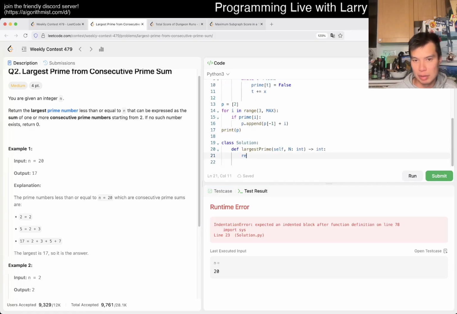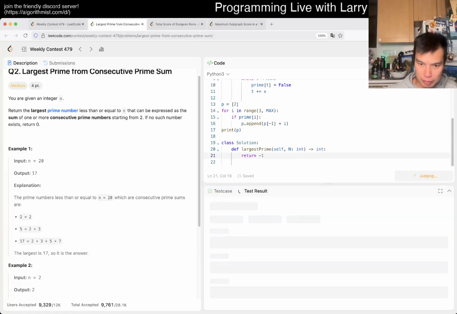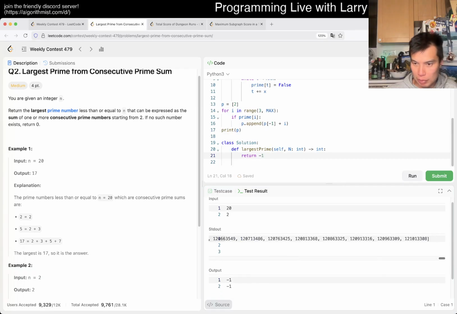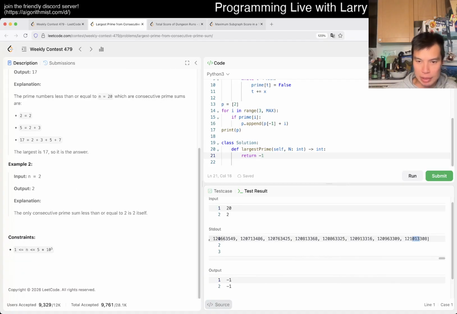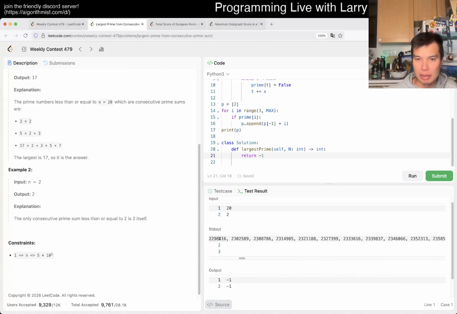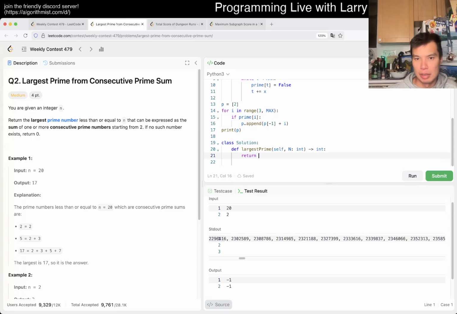Okay, fine. So it goes actually pretty far, huh? But it doesn't even go up to that high, but we can just do it. So then now we just binary search, right? Something like that.